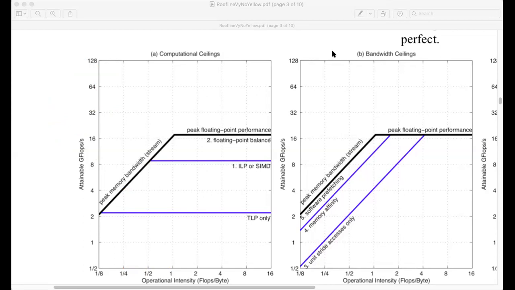And with memory also, we have these things. For example, when we say the peak memory bandwidth is 16 GB per second, you may just read a 16 GB sequence of bytes from the memory and loop through the CPU, and through that you will get that 16 GB bandwidth.